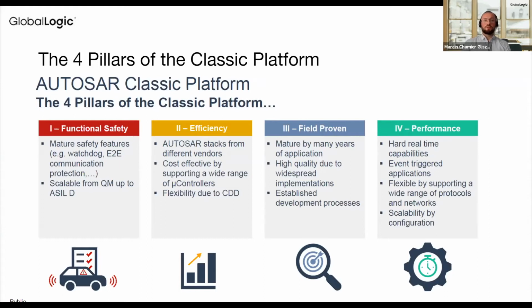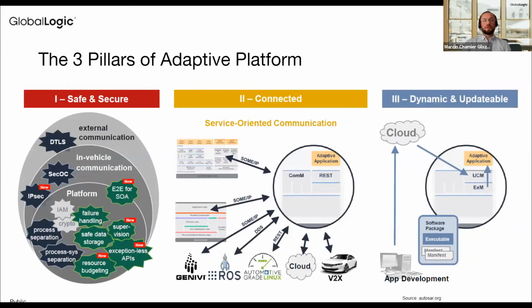AUTOSAR Adaptive platform will introduce a safe and secure mechanism for developing the applications and running them on the car platform, provide service-oriented communication, which better consumes multi-core processors, and will be dynamically able to update the system with new applications or download new functionalities to the car.